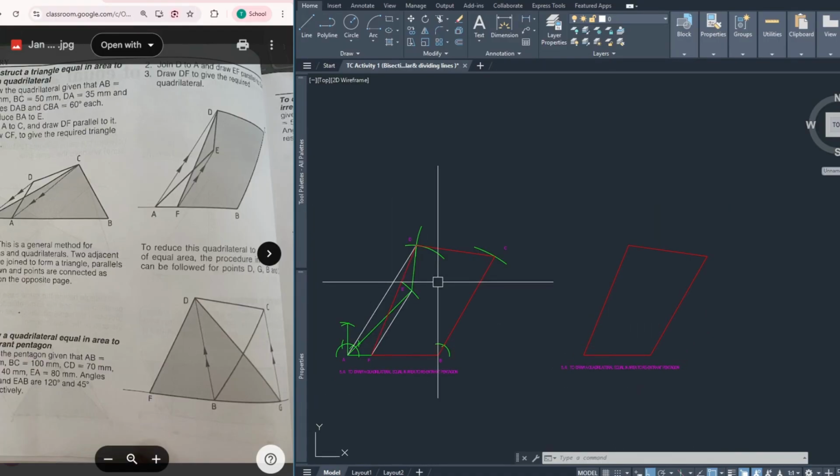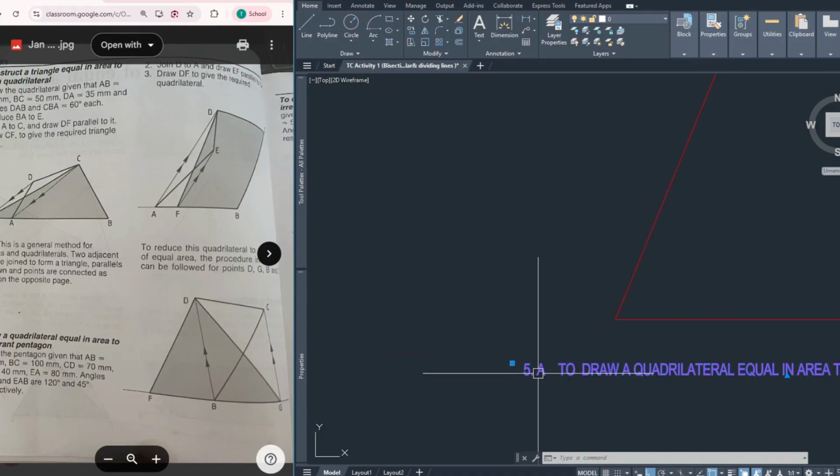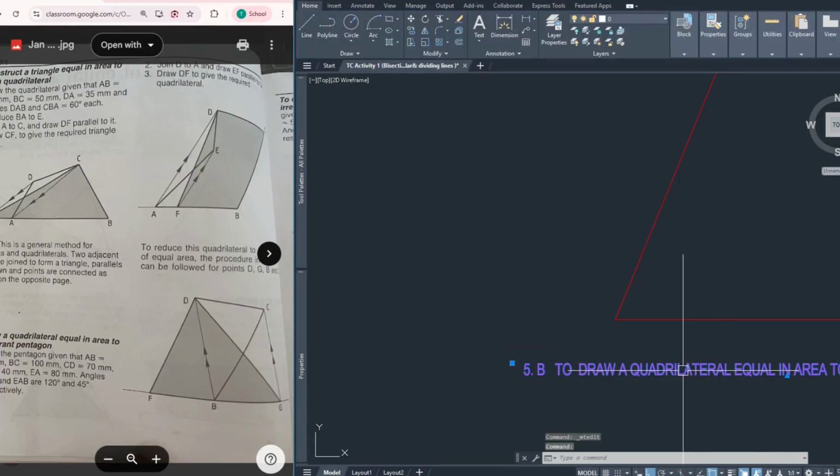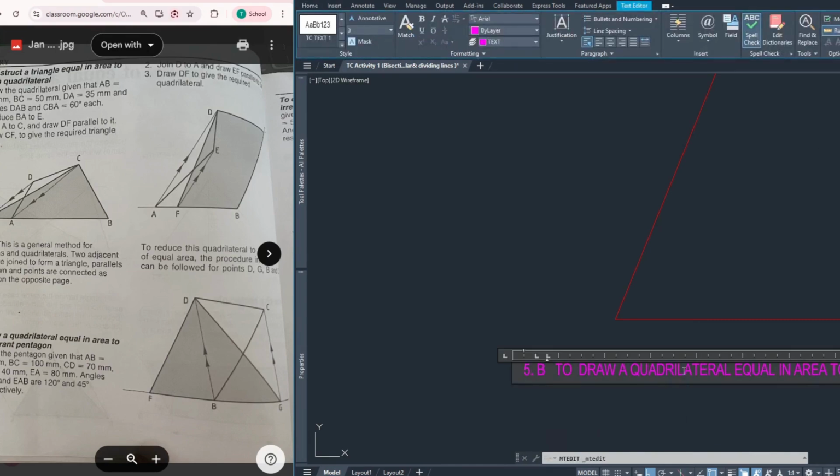So if you get the pentagon and they say reduce it to a 3-sided figure, you do it on the same thing. Reduce it to a quadrilateral, then reduce it to the triangle. However, if it's easier for you to do it the way I'm doing it, by all means, go ahead and do so. So I'm going to call this B and change the title.